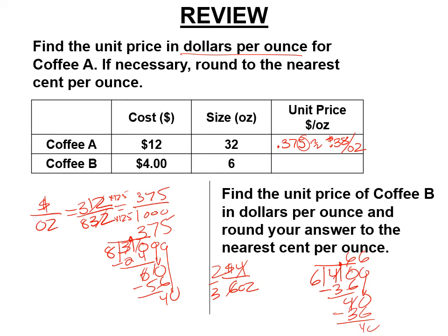Remainder 4, and you notice we're going to get 6's forever. So now we have to round that. And so that's going to round to 67, because there's a 6 right there, 67 cents per ounce. You don't write cents, you write dollars per ounce, but you read that as 67 cents per ounce.